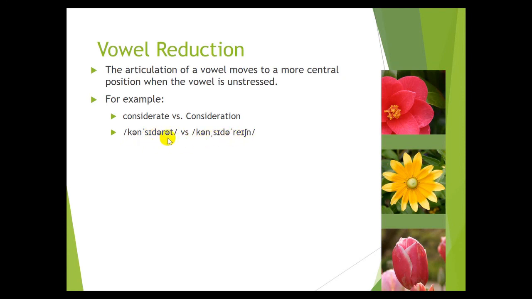So here, the fourth syllable is a weak form. Why? Because it is not stressed. It is not the primary stress. It is weak stress. But when it becomes the primary stress, the weak form changes into the strong form. 'Ration', 'ray'. So it changes from the weak vowel into 'ay'.